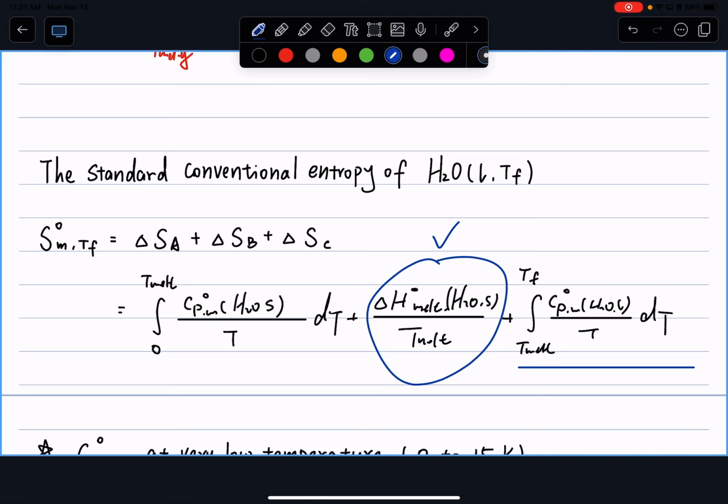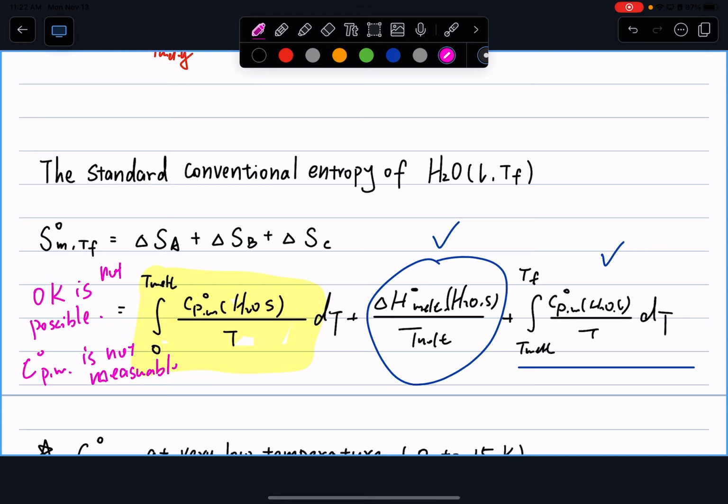The first term is a little bit odd because it involves a process where we know that 0 K is not experimentally possible, and as a result, your heat capacity is not measurable when the temperature is very low.